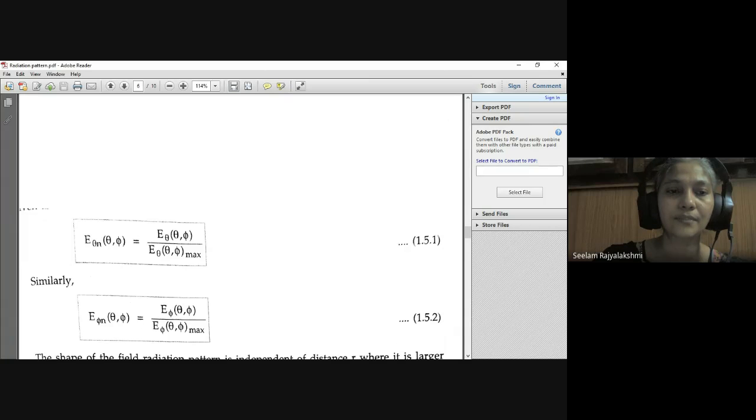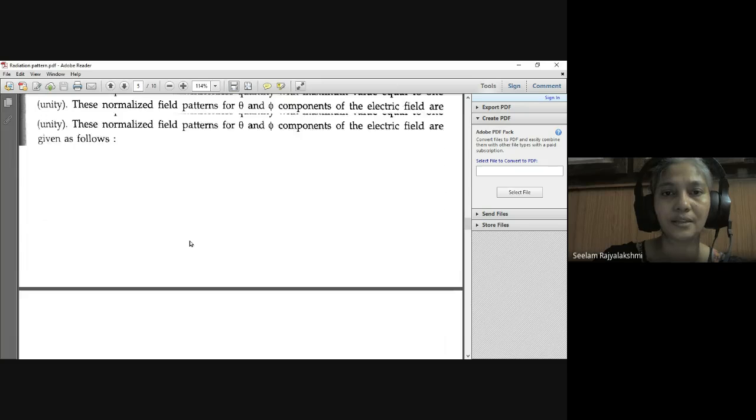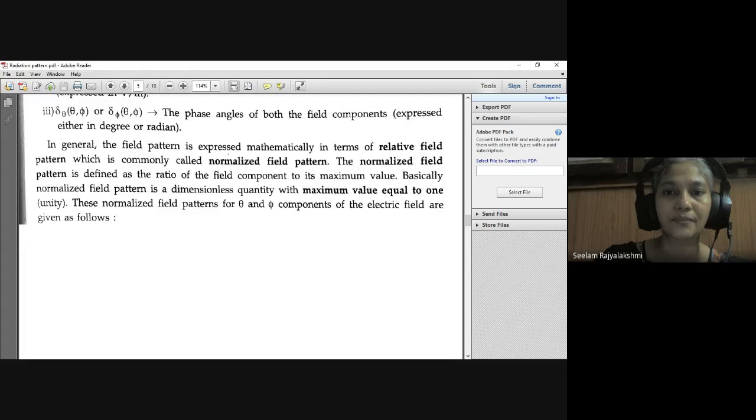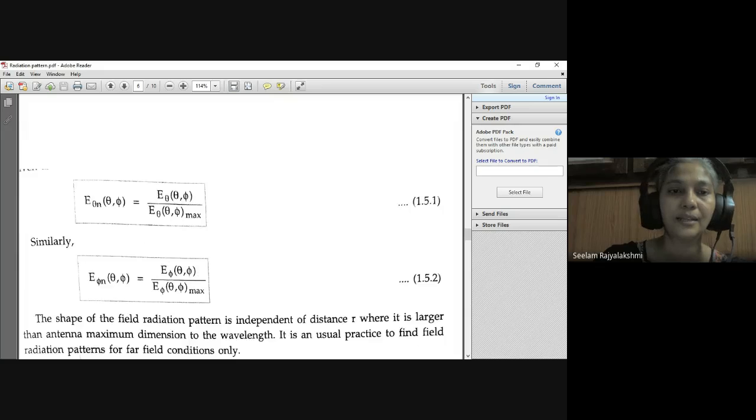The normalized field pattern is the ratio of the field component to the maximum value. Here E theta of theta comma phi is the field component, and E theta maximum is the maximum value of the field component.